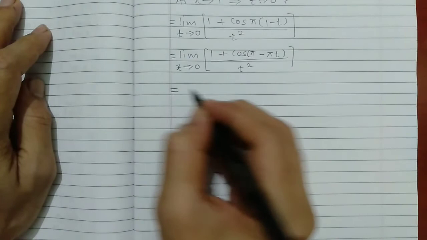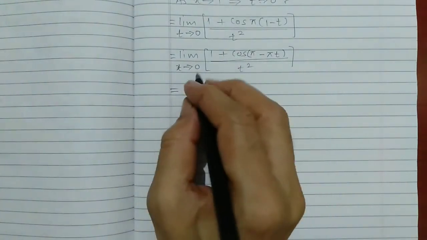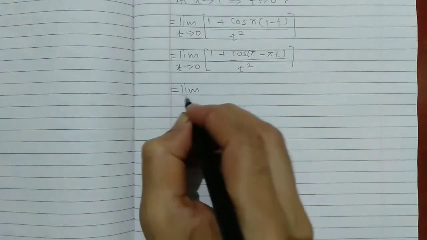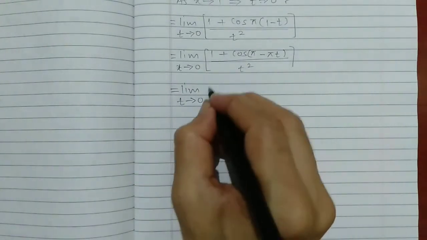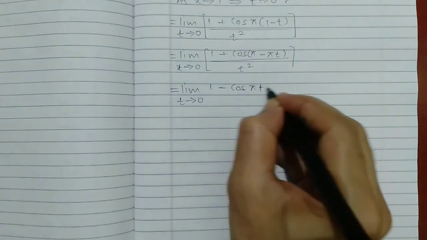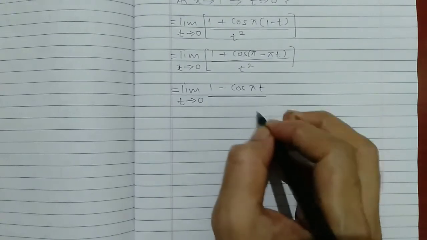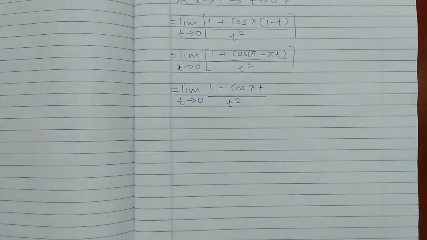So this is equal to limit t tends to 0, 1 minus cos pi t divided by t square. How?